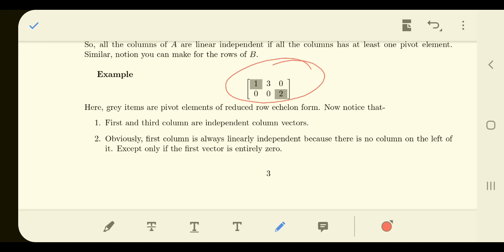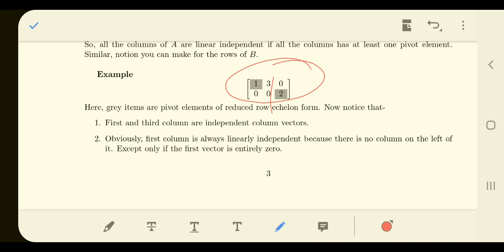It may not have a pivot only in case the first column is entirely zero. Otherwise it will definitely have a pivot. The second column you can see here is a multiple of the first column, right?